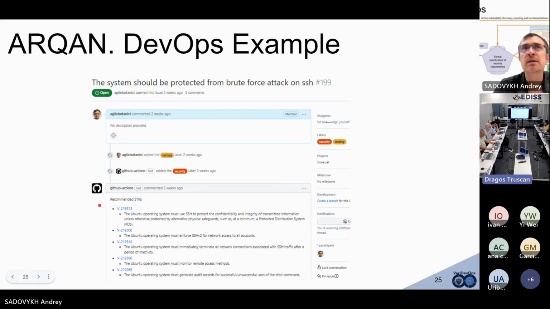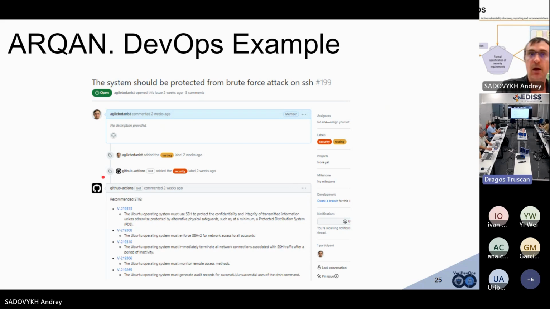This STIG database is security technology implementation guides that give very concrete checks and fixes, scripts, to protect the systems.